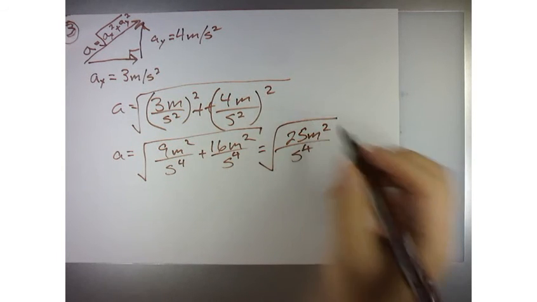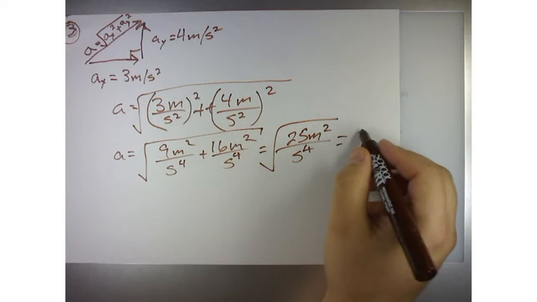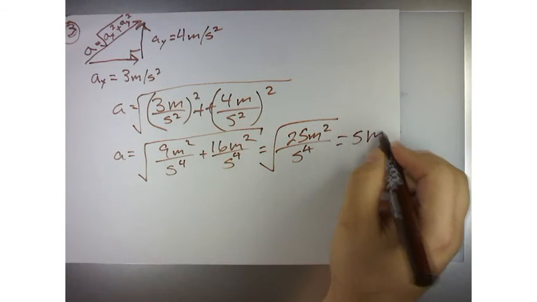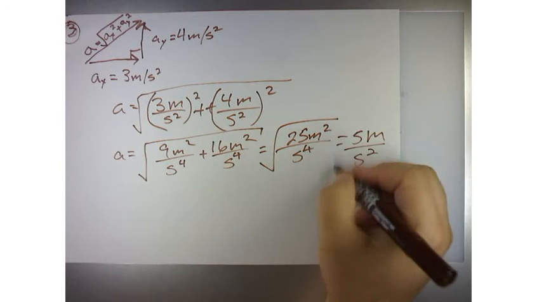When I take the square root, what do I end up with? 5 meters over s squared.